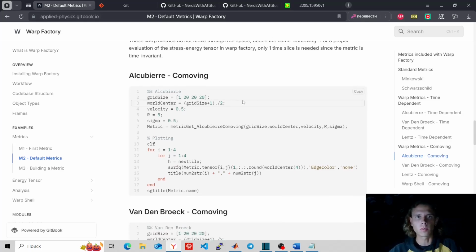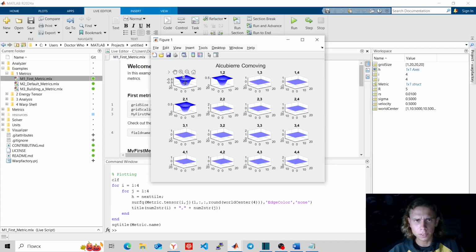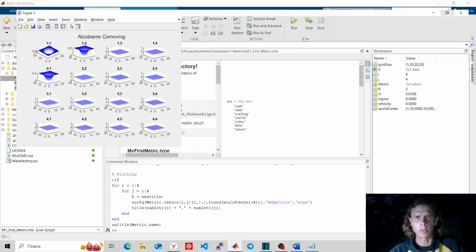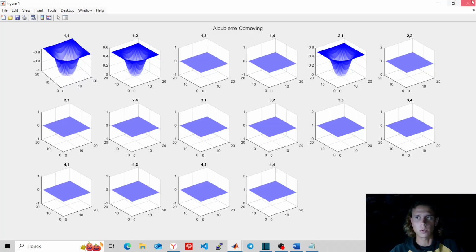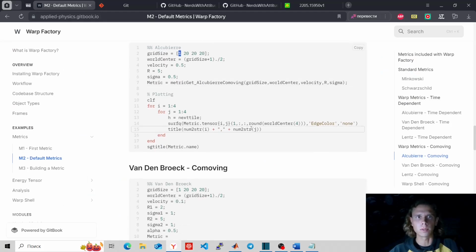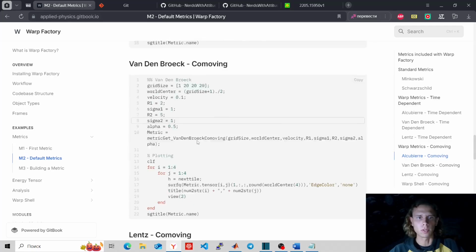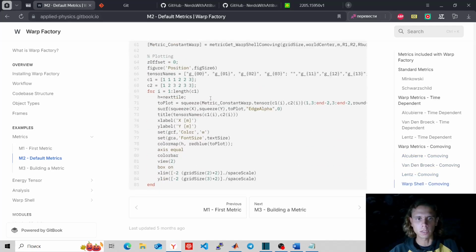So we modify Alcubierre metric for the static case, and in this example we have only one time slice. Let's again copy this and paste, and here they are. These are the components of our metric tensor plotted in our space-time. So only space, because time is only one component. You can do this for all of these metrics, and it's all pretty cool.